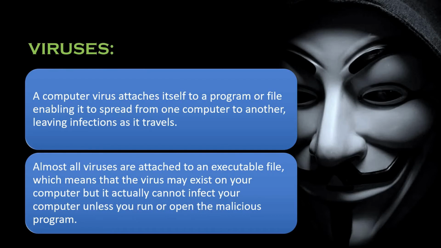So now, viruses. A computer virus is a program file enabling it to spread from one computer to another, leaving infection as it travels. So a virus is basically an executable file, and the virus may exist on your computer, but it cannot infect your computer unless you run or open the malicious program.